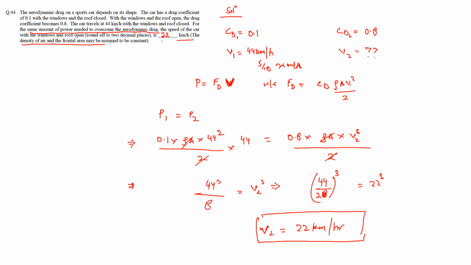Since the drag has increased and everything else remains the same, the velocity has to go down also. So there is one way of verifying if what you have done in terms of calculation is correct or not. If you get 47, then you should already get worried that there might be some mistake, because as the drag increases, the velocity has to go down.